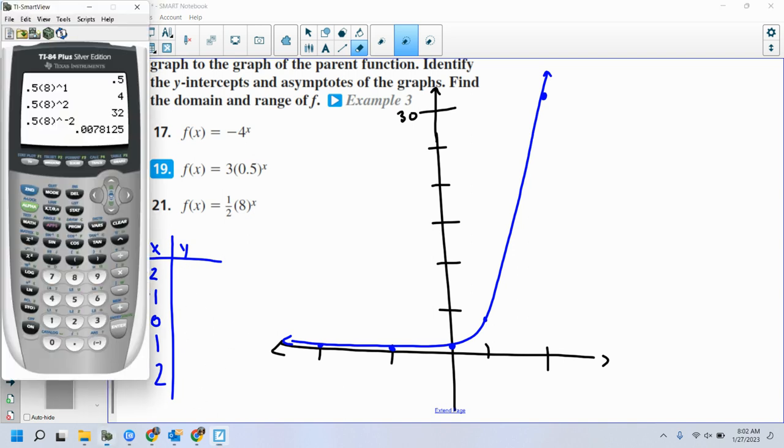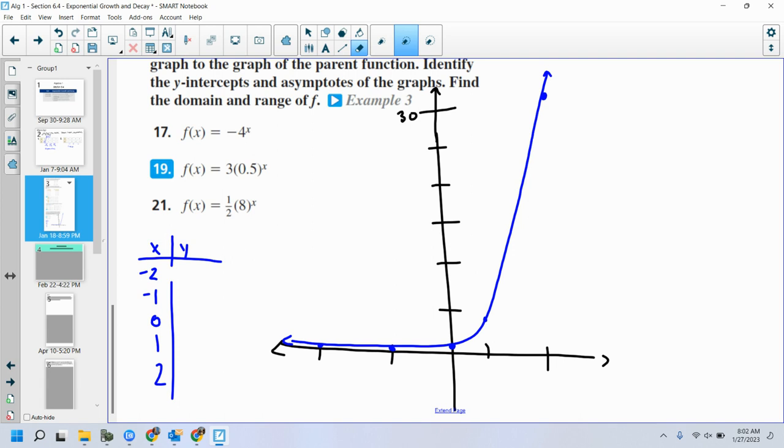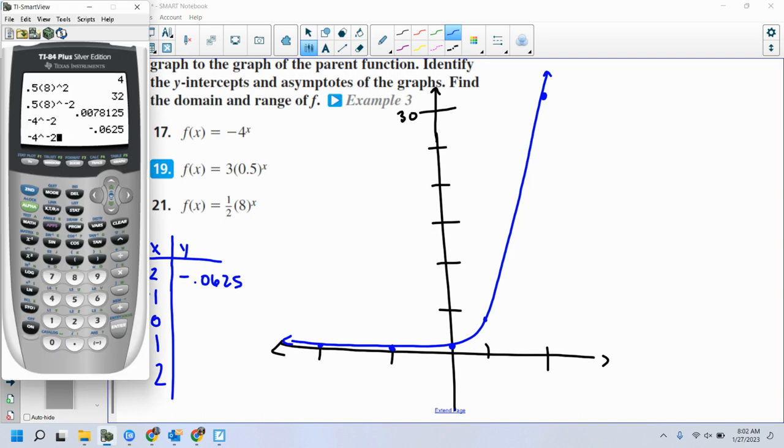So 17 is -4 to the x. So -4 to the negative, whoa, no, to the, not parentheses, to the -2. And that gives me -0.0625. And then we have -1, which is -0.25.